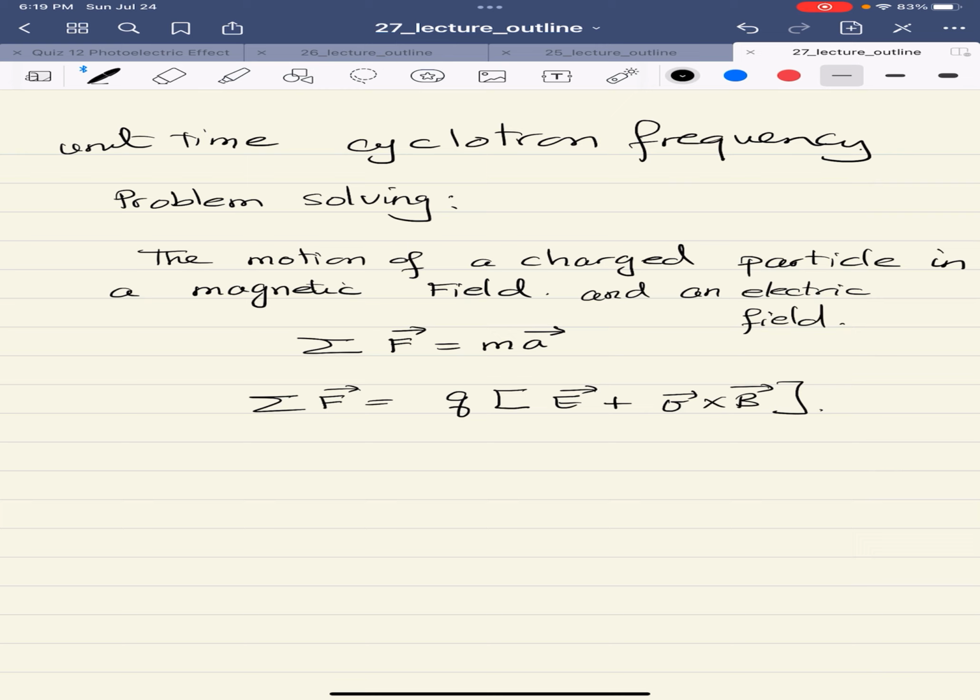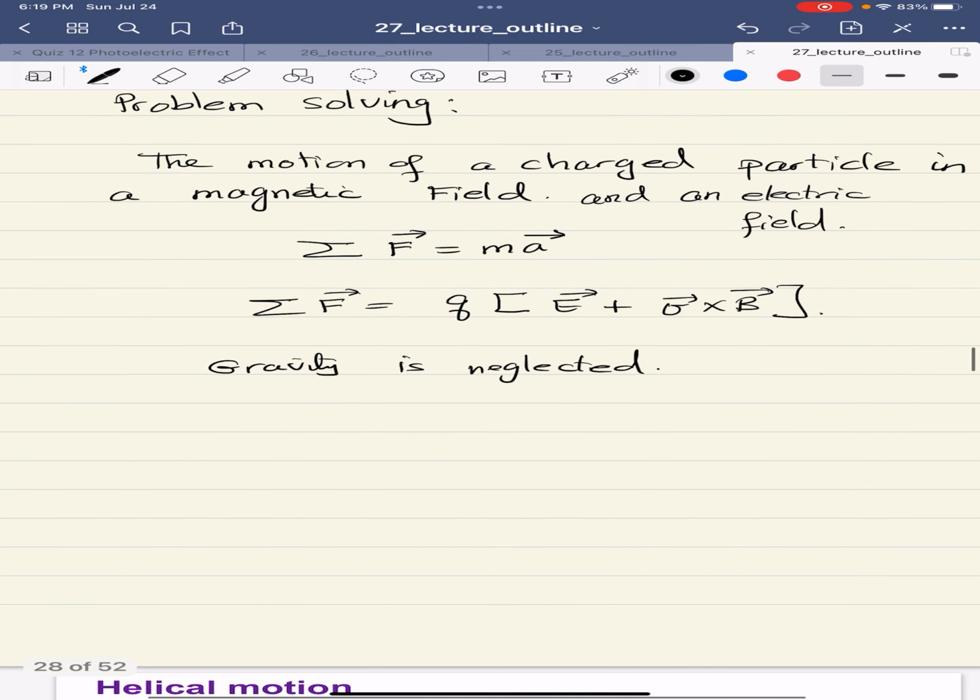Now, one thing that we need to know is that gravity is neglected since it is too small with respect to these forces.